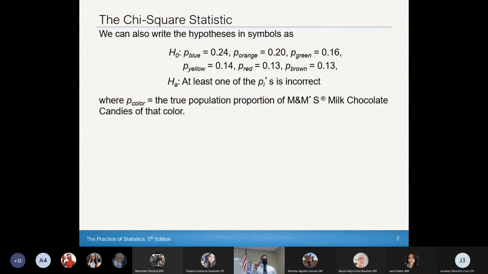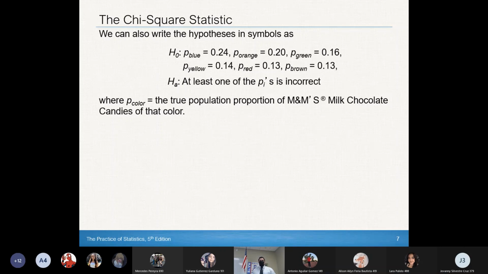The i is somewhat of a placeholder, saying we can replace it with any of the subscript labels. P sub i is used often, with i as a little subscript to say that this will be replaced with something that I've numbered or labeled elsewhere for this variable. Where P sub color equals the true population proportion of M&Ms milk chocolate candies of that color.